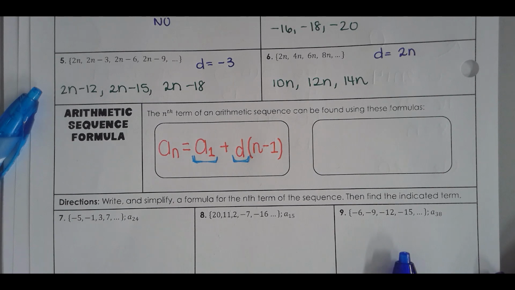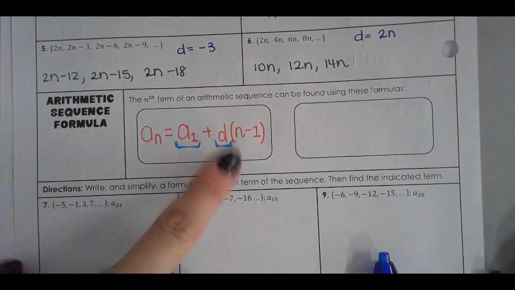Alright, so number 7, I basically have to have my A1 and my common difference. On number 7, what is my common difference? 4.